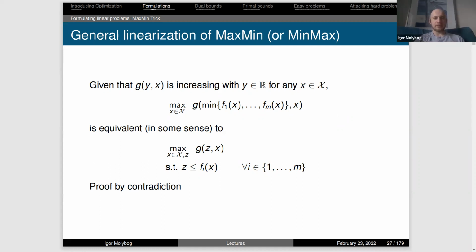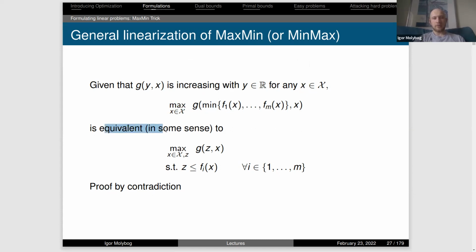This is a theorem saying that if you are given a function g that is increasing in two variables, one variable is y, a scalar variable, and the other is x, a vector variable, and you're given a problem of maximization of the function g of a minimum over several functions fi of x, it doesn't matter what exactly these functions are, then you have a problem of this form with a max min.